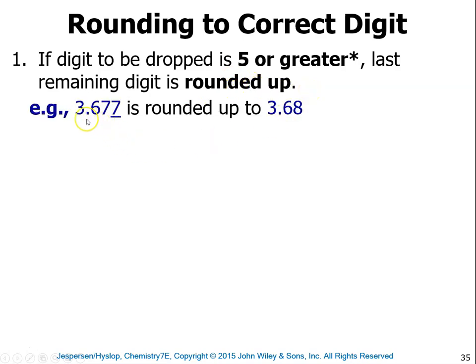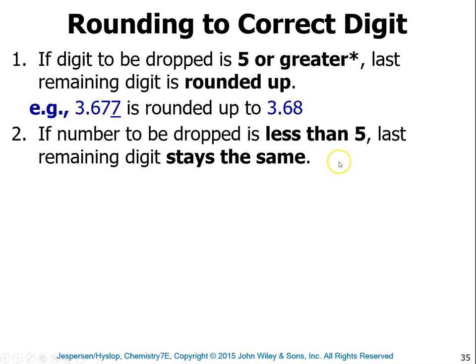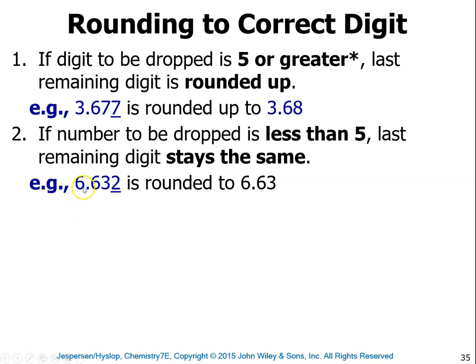So an example of this, 3.677: if we're saying there are only 3 significant digits, we need to round this number up. We rounded up to 3.68. So that's where if it's 5 or greater, we round up. And if it's less than 5, the last number stays the same. So the same kind of idea. If it's 6.632, we only want to write down 3 significant figures. We're going to just keep it at 6.63.